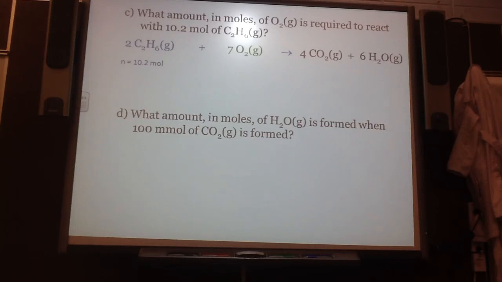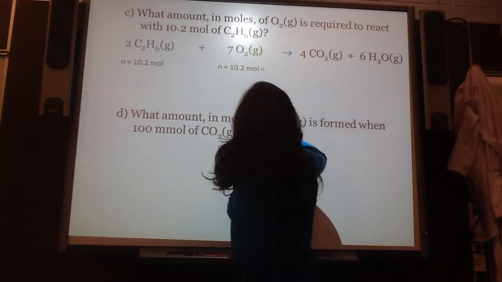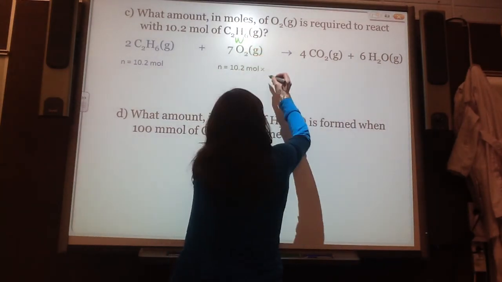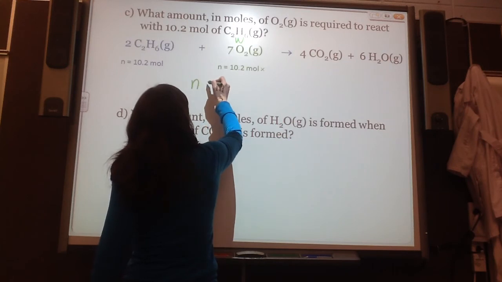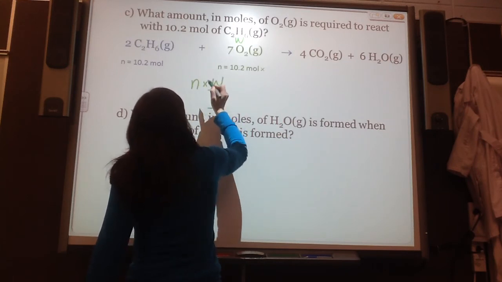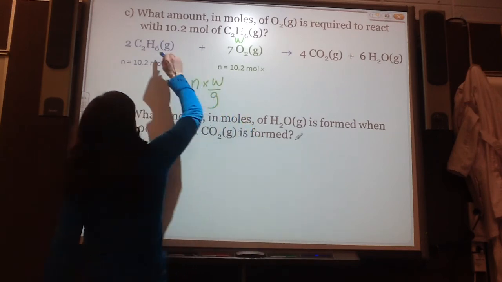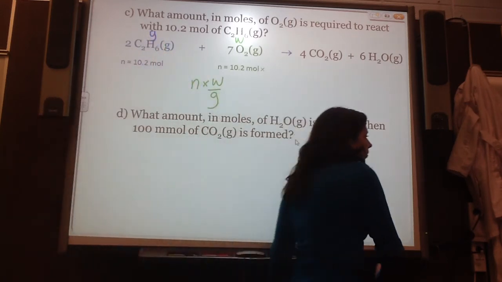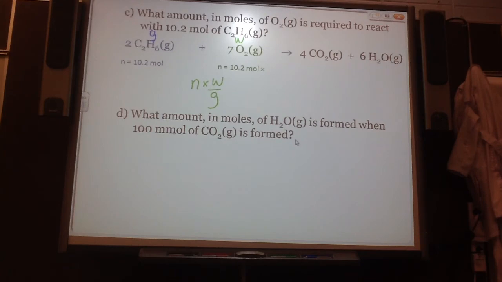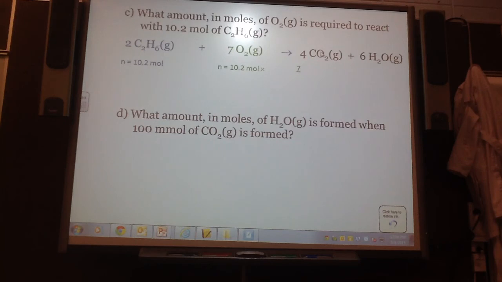And you want to find how many moles of oxygen are required. So you take your moles times wanted over given, times 7 over 2, and the moles you should result with is 35.7 moles.